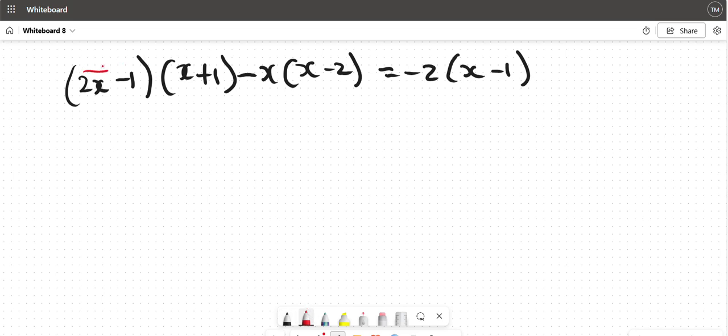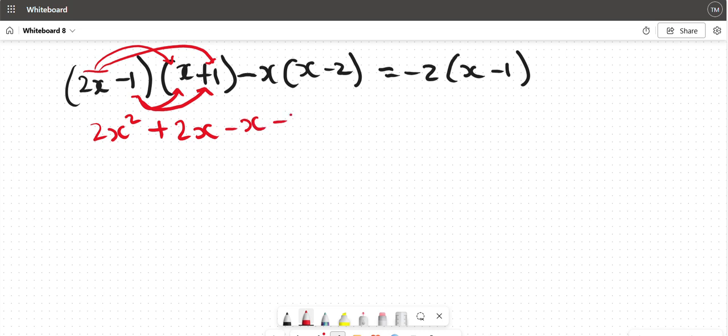All right, so I'm going to FOIL those brackets out. So x times 2x is a 2x squared. You times it with the 1, you get a 2x. Negative 1 times x is a negative x, minus a 1. This is going to distribute, right?